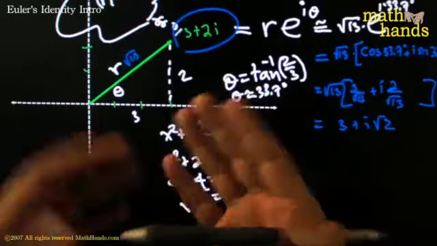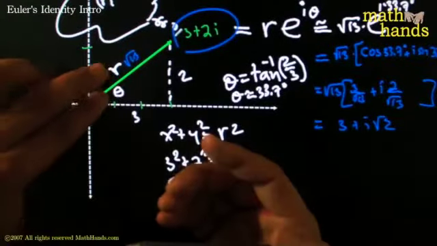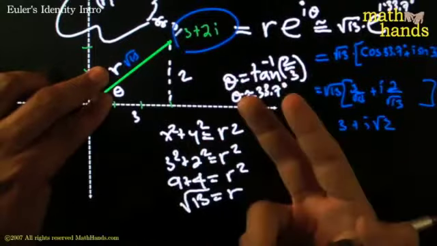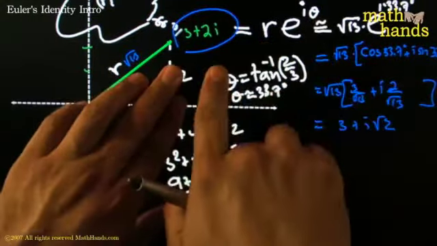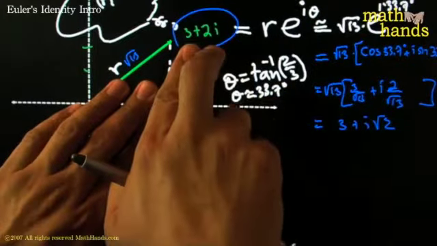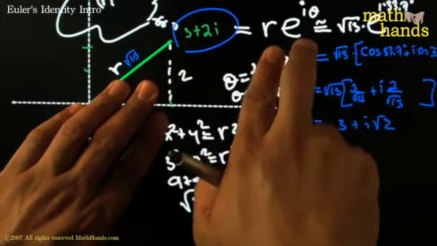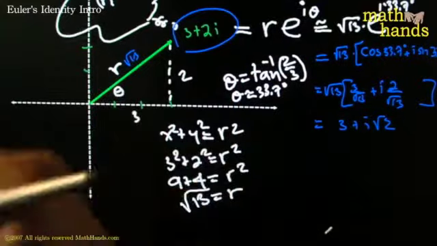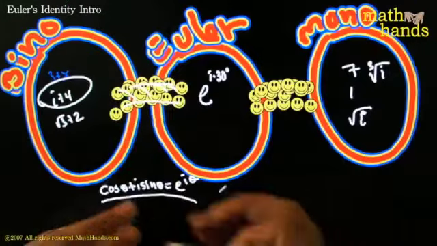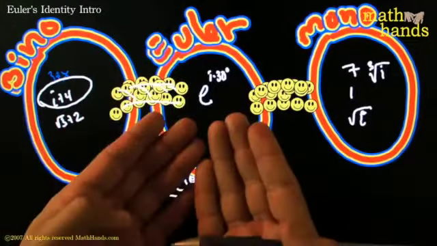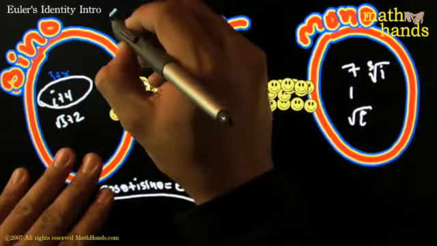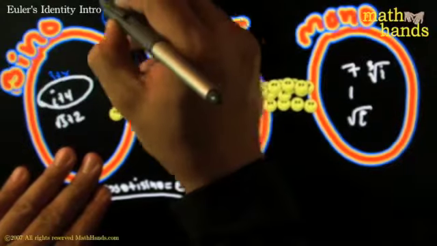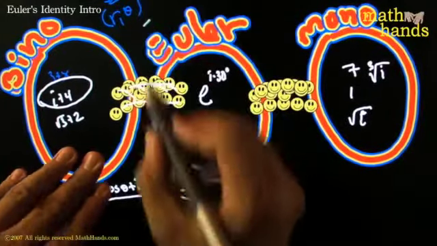That's in radians, so I'm going to change that to degrees. So we shift, and then we do it again, tan inverse of 2 over 3, and that's equal to 33.7. Again, there are infinitely many thetas that work, but 33.7 would also work.